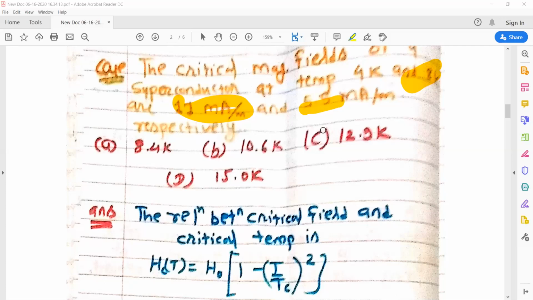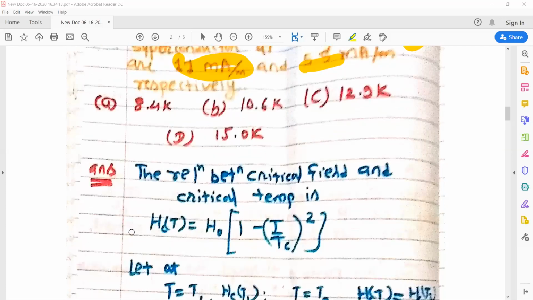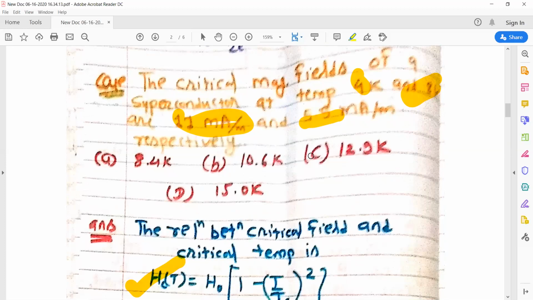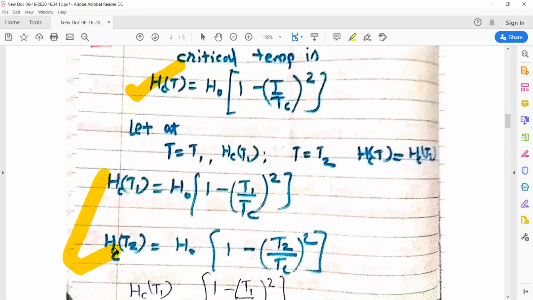So what we will do, we have this formula. Now we can see at a particular first temperature T1, another is T2. Okay, this is Hc1 and that is Hc2. So we will find the relation between them. Okay, we will take a ratio Hc1 by Hc2, that is equivalent to that. This is the formula.